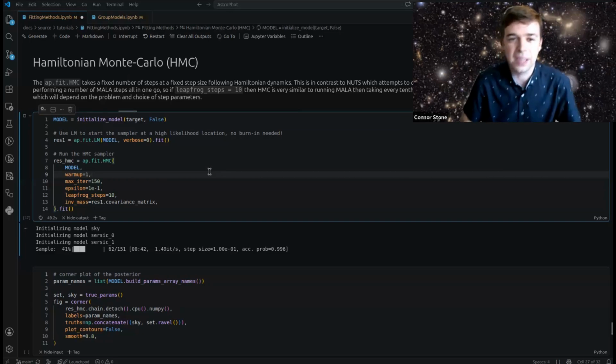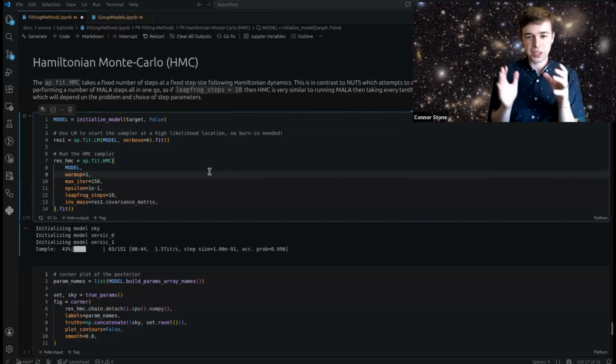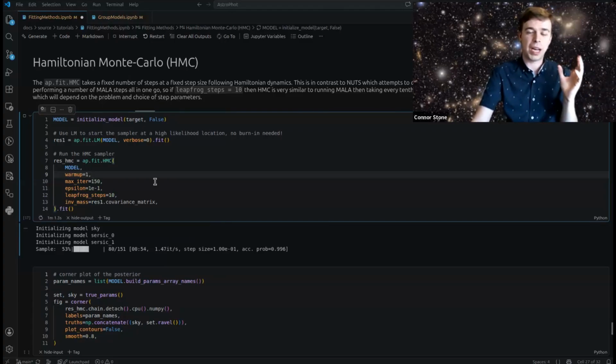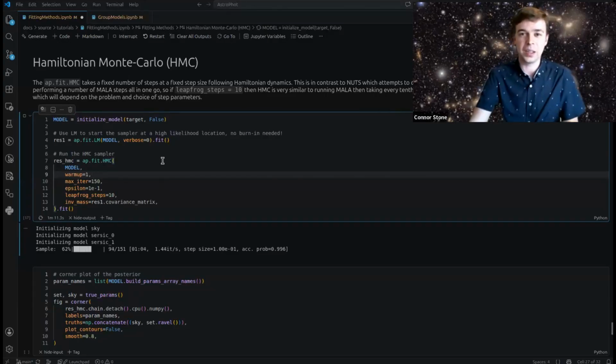So this one takes a little longer to warm up and then run. It's trying to use Pyro, so Pyro has its own procedure for initializing the chains. Once you get things the way you like them, you can let it run for a long time. A lot of warm-up steps, a lot of iterations, and it'll get you really, really good results.